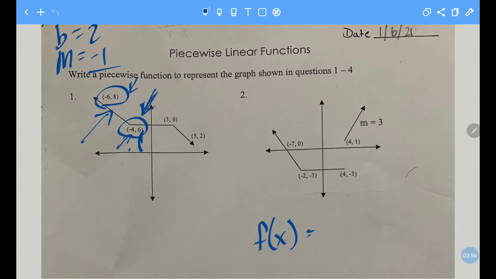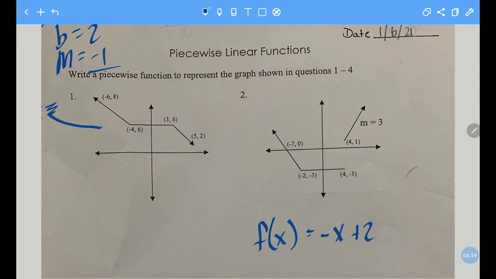This is the same thing as y, so my slope is -1, -x plus 2. Now here's the key. The whole thing is not -x plus 2. It's just from this side of the graph to this value right there, okay?